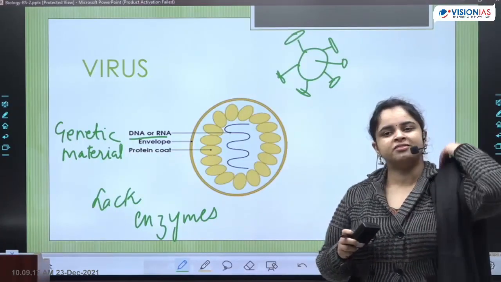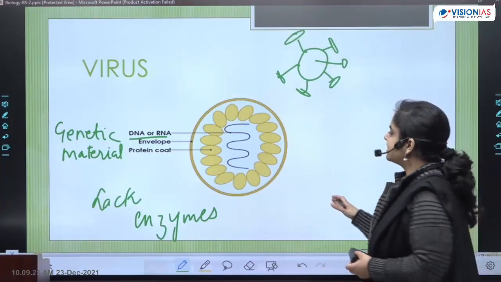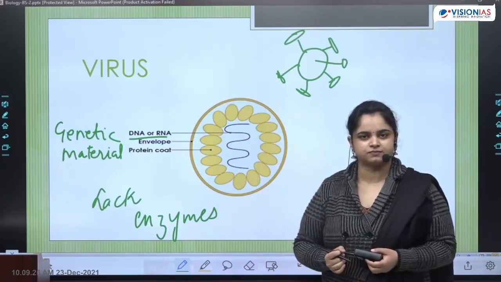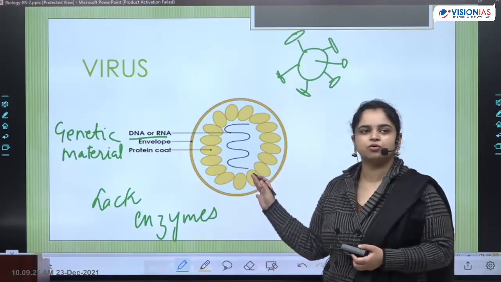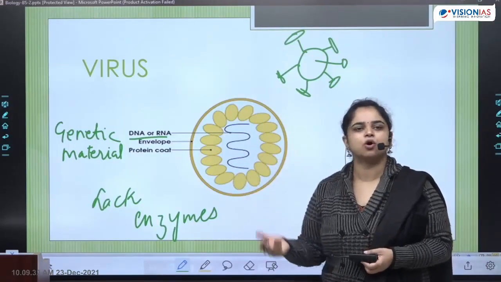Because these enzymes are missing, a virus in itself cannot do any of the life processes. So on its own, a virus is as good as a non-living thing.